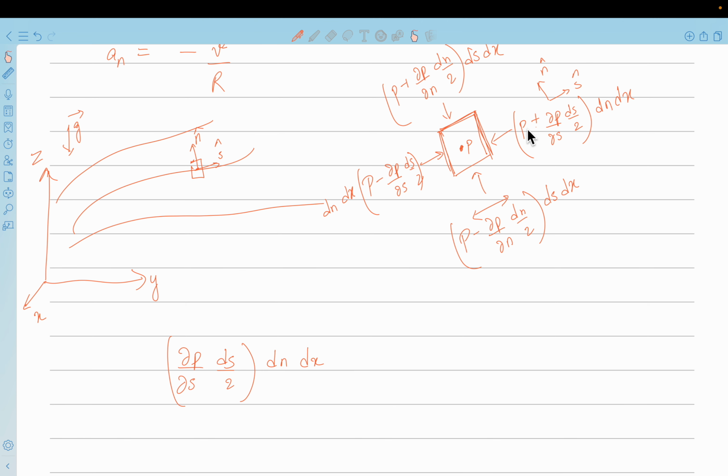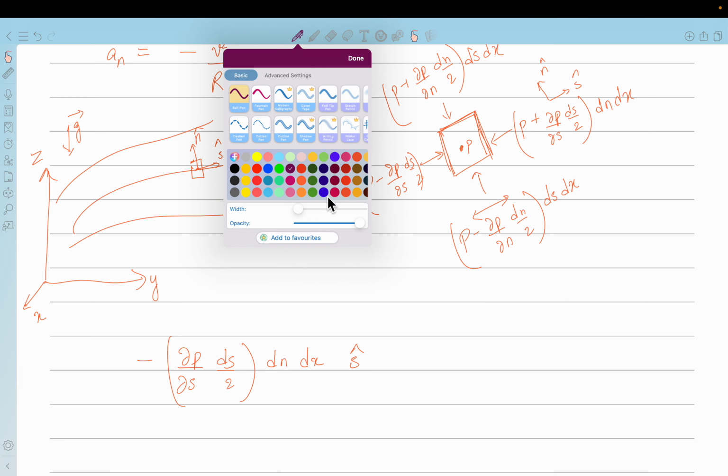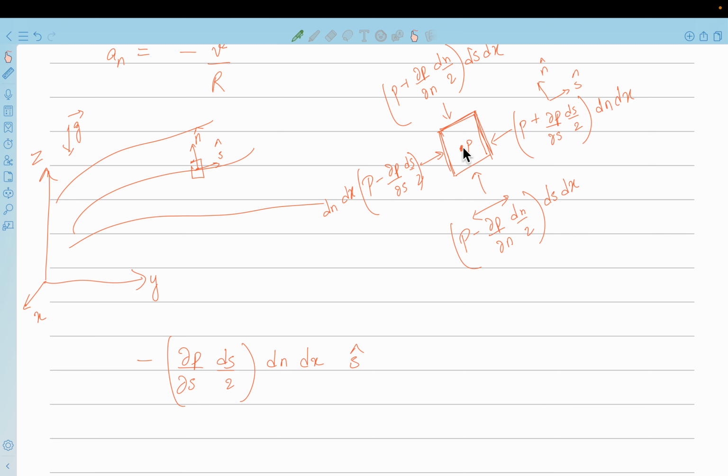Now this is acting in what direction? Plus or minus s cap? Minus. So I'll put a minus sign here and s cap. Okay, and what about the gravity force? Let's draw the gravity vector here. The gravity force is now supposed to be split into this s cap and n cap.